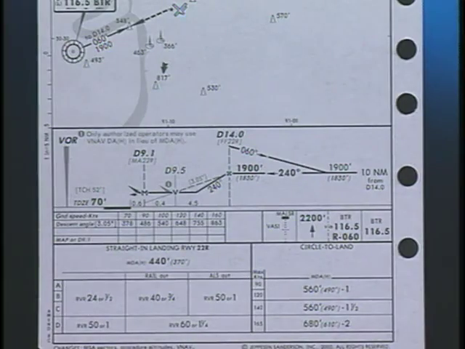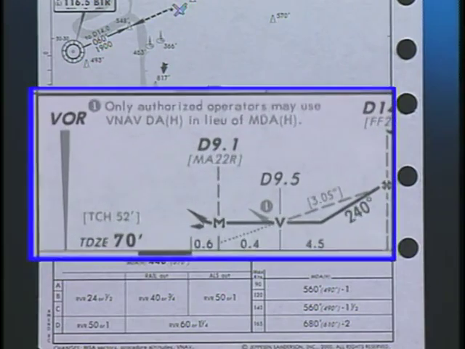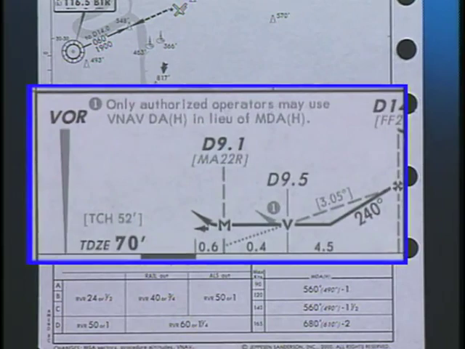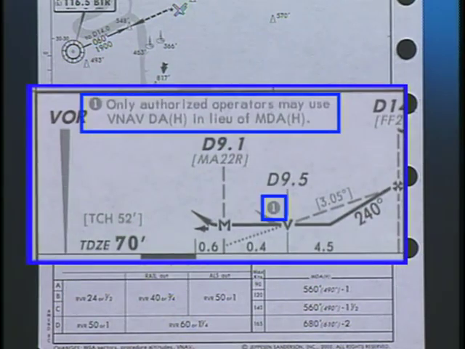One very important change to the profile view is the appearance of notes on some non-precision approaches. In the profile view of this VOR/DME approach, you see a ball flag and a note stating, "Only authorized operators may use VNAV DA(H) in lieu of MDA(H)."